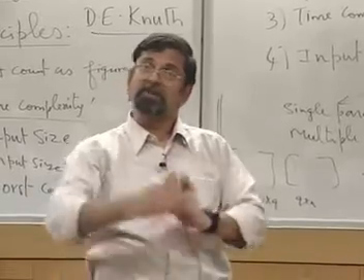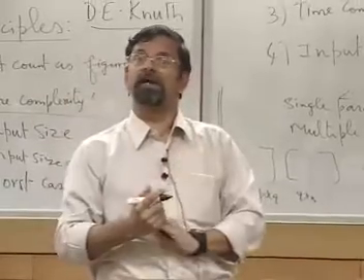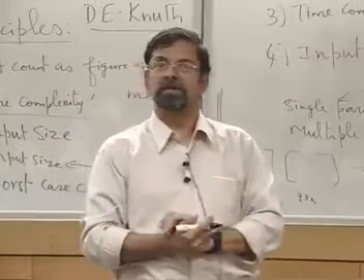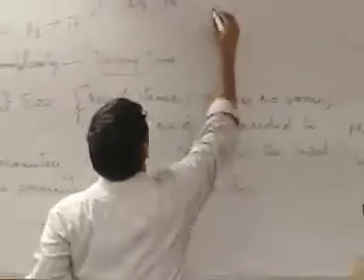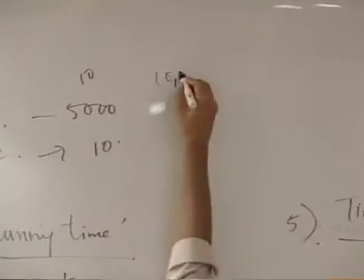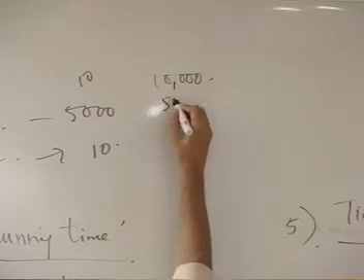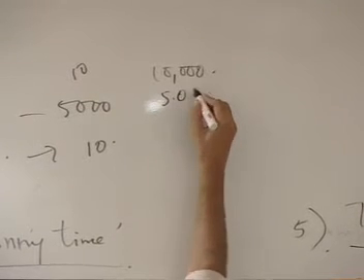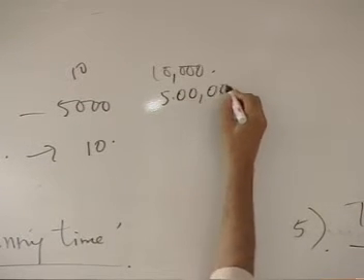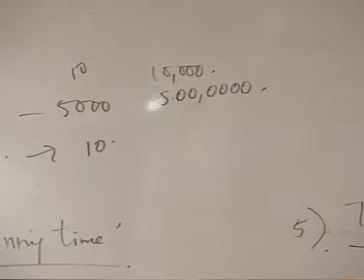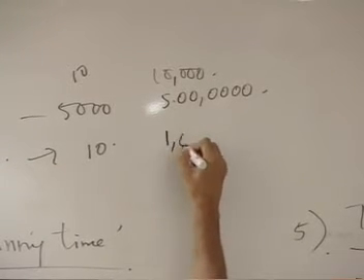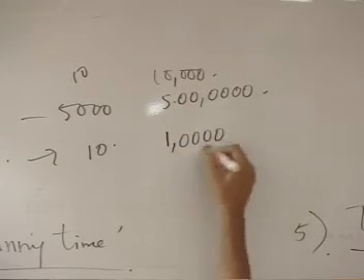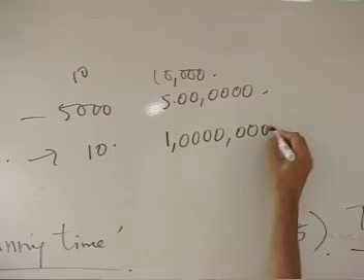In other words, beyond 5000, let us take 10,000. If you take 500 into 10,000, it will be 5 followed by 6 zeros. But for this one, this is 10,000 and this is another 10,000.